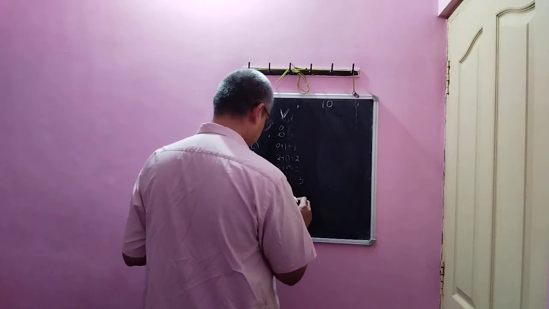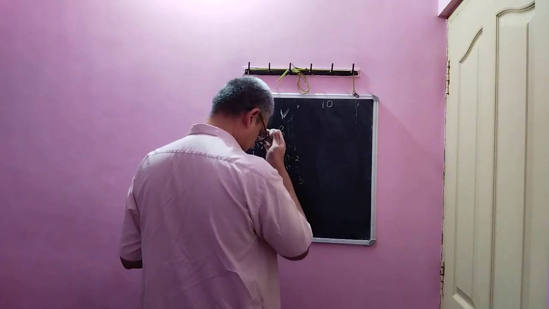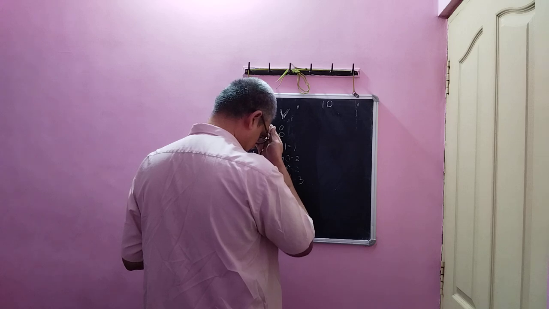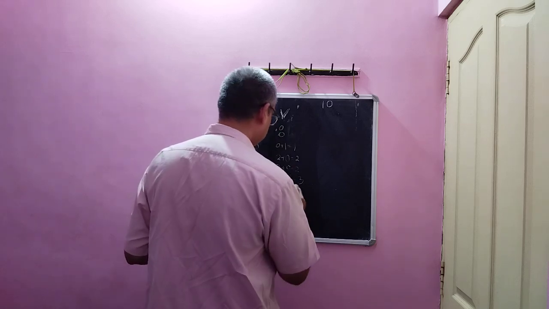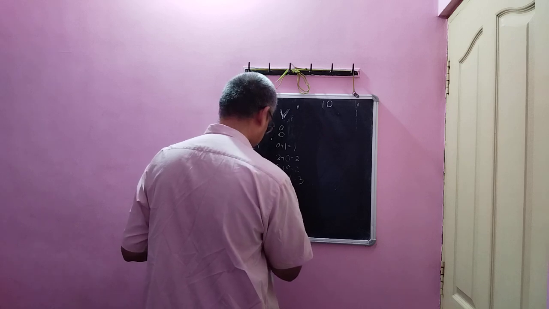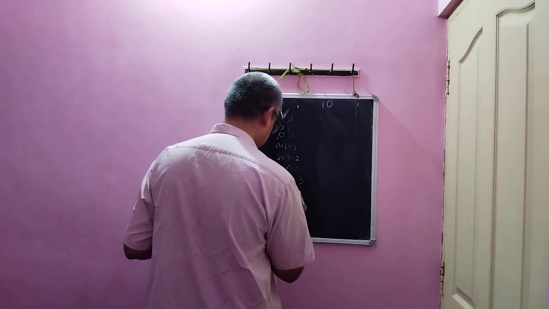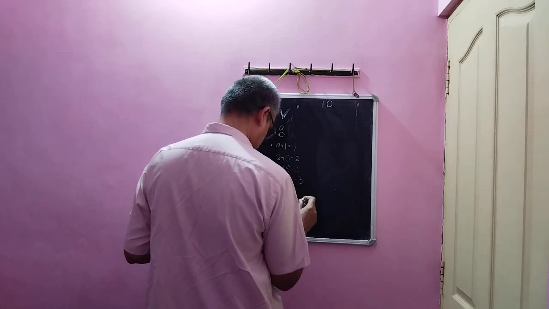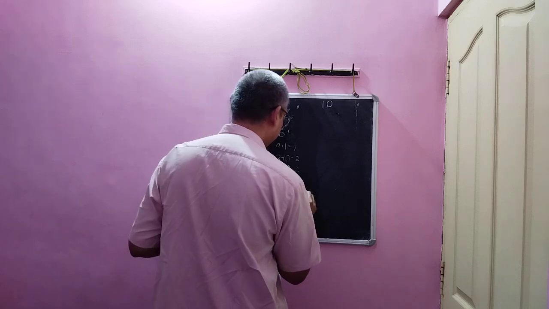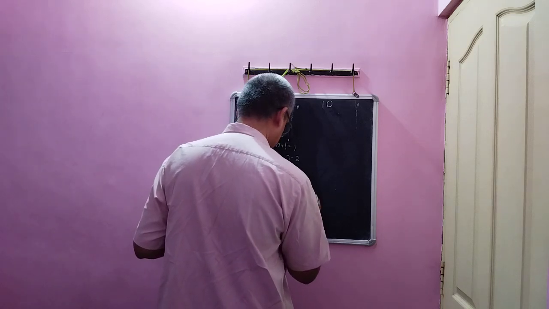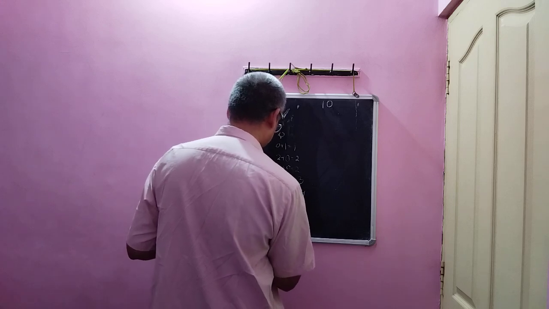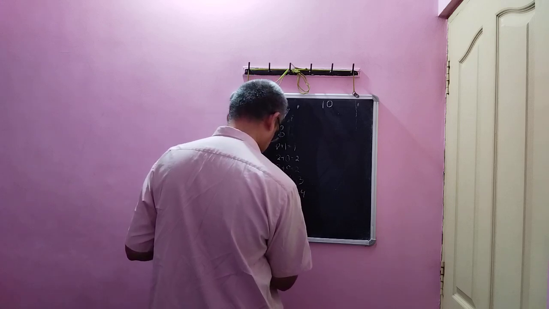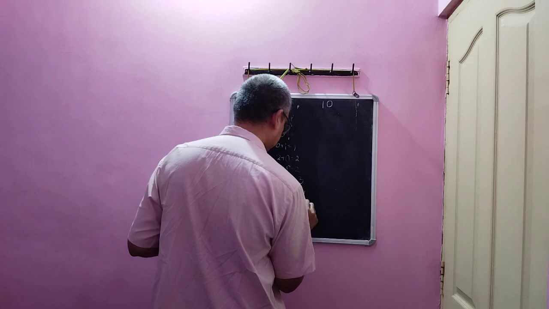Four plus 0 is equal to 4. 5 plus 0 is equal to 5.